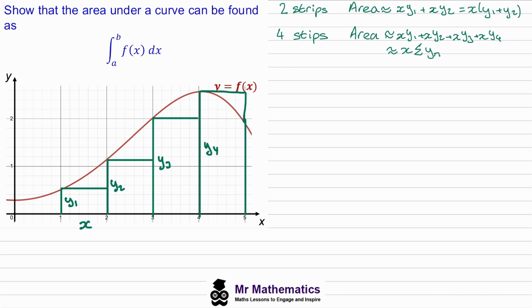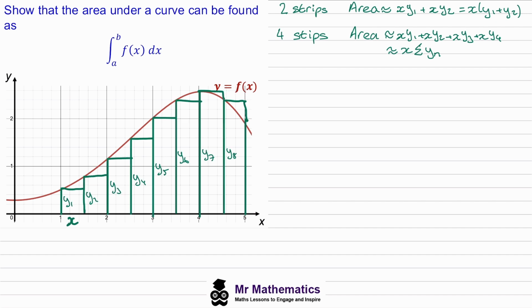And if we were to reduce the length of this base again, we would have more strips and a better approximation of the area. So you can see that as we reduce its length, we increase the number of strips, and then the sum of these rectangles gives you a better approximation for the area underneath this curve. But the formula for the area will be the same process every time.